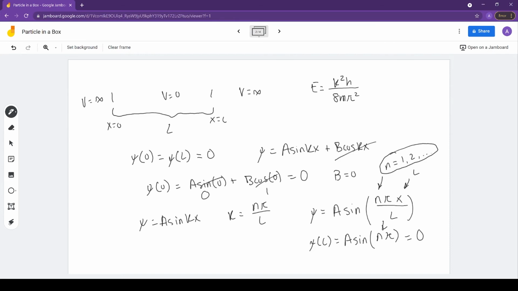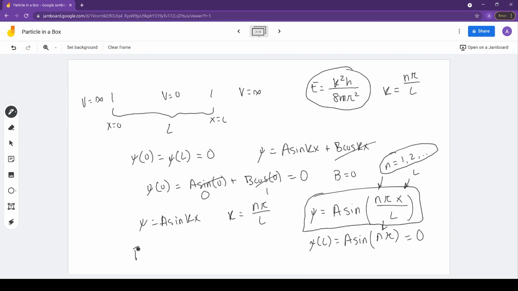Okay, so now we've got our form for our psi. Let's now look at what the energy is. We've got that k equals n pi over L, so we can plug our k expression in and figure out what our energy is.